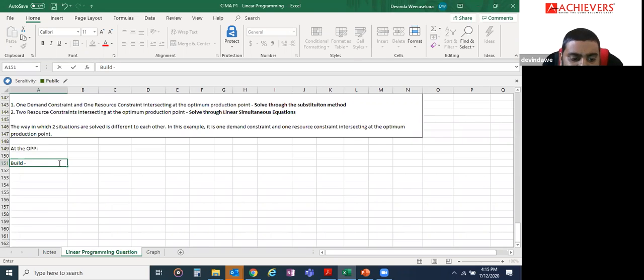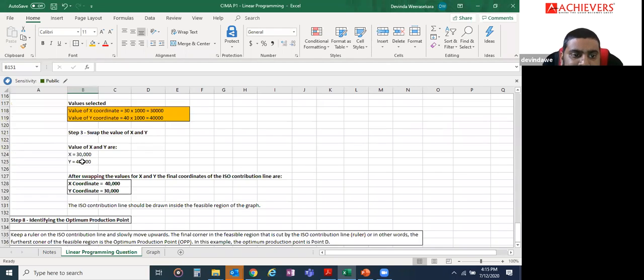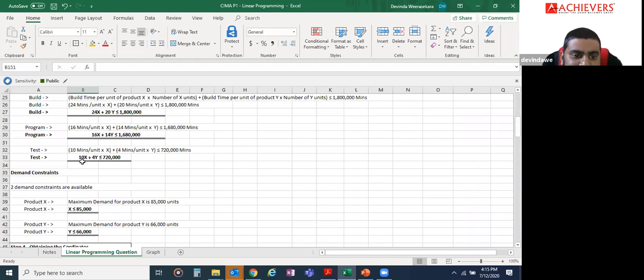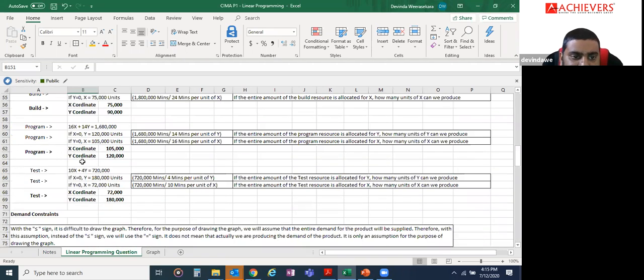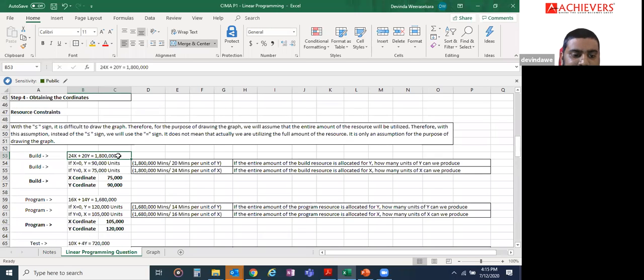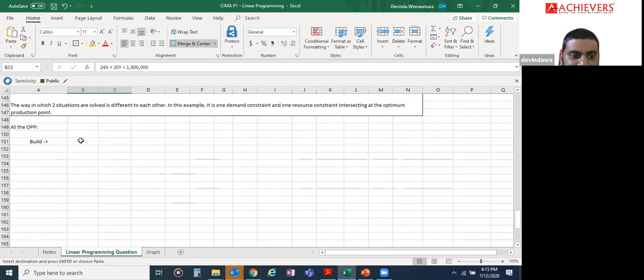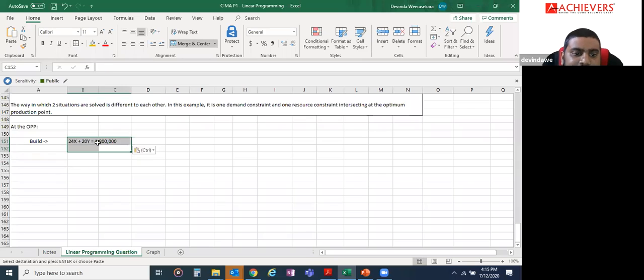Build: what's the build constraint equation, guys? Check the build constraint equation. 24x plus 20y equals 1.8 million. So this is one.